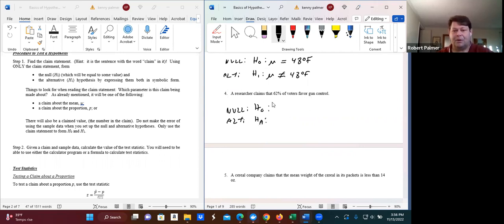Now, are we talking about a mean or proportion? Well, it doesn't use the word mean or average anywhere, and also it gives us a percentage. That's usually an indication of proportion. Also, if we have a percentage, we want to write that as a fraction or a decimal. Okay, so proportion, it says claims that 62% of voters favor gun control.